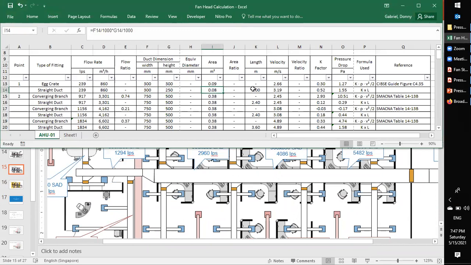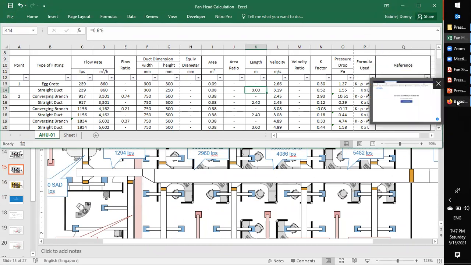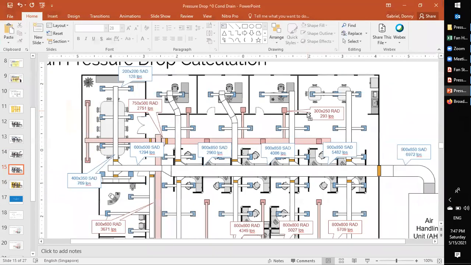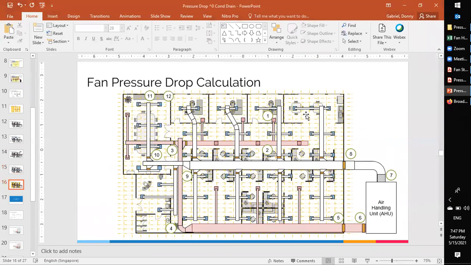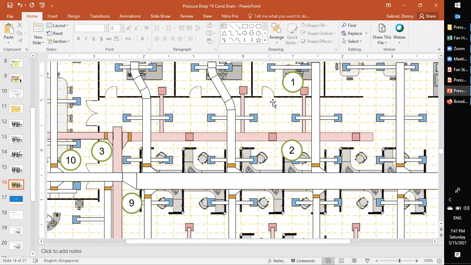Area, we can calculate length. How did we get the length? Easy. You could see from our drawing there. We can count the number of grids: 1, 2, 3, 4, 5. So from here to here is about 5 grids.